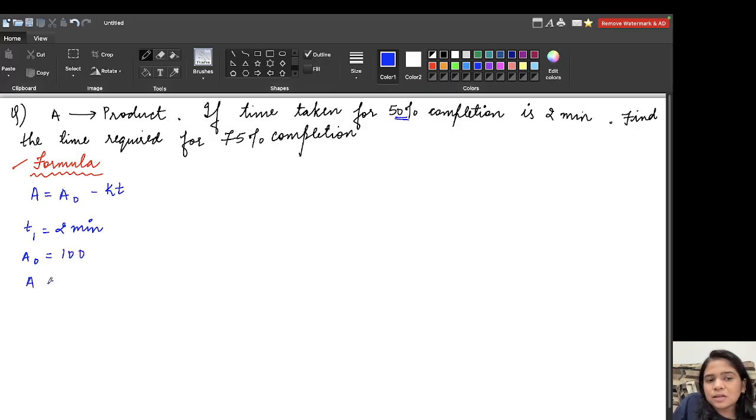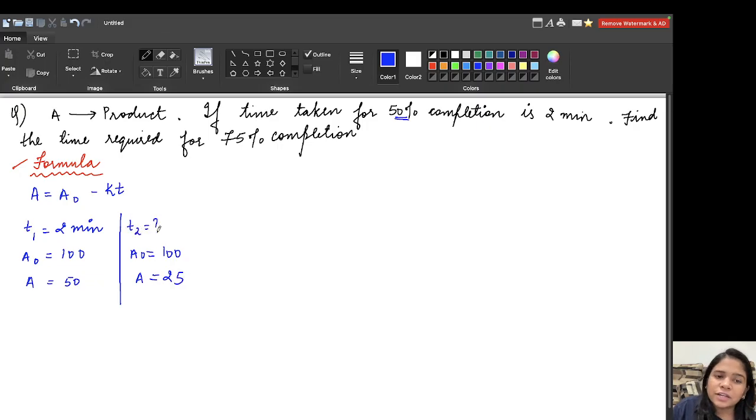So 50% completion means how much is left? 50. Everything is given in this equation, right? Second time, what are they telling? You just know here A naught is your 100. Time taken for 75% completion. 75% is already completed. How much is remaining then? 25, correct? You don't know the time.